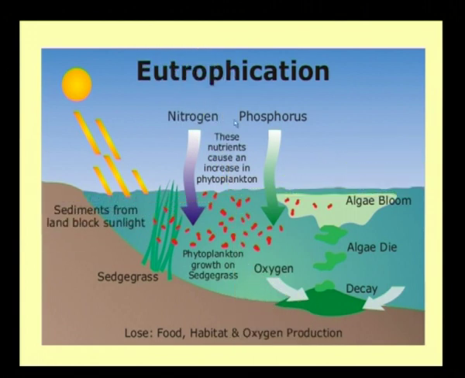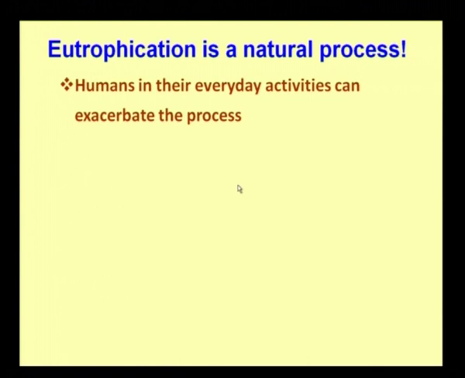Now, the same thing is depicted by this diagram, and actually eutrophication is a natural process. The humans in their day-to-day activities can exacerbate the process. Eutrophication is not caused only by human beings, but humans in their day-to-day activity can enhance it.